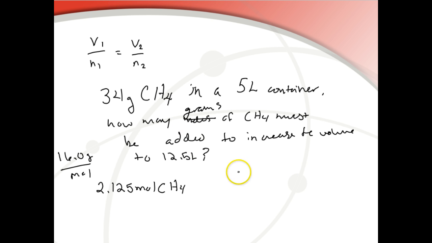So once we have moles, we can plug this into our equation. 5 over 2.125. We want 12.5 liters at the end, and get x there. So we can plug that in and solve.